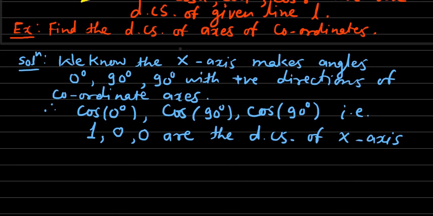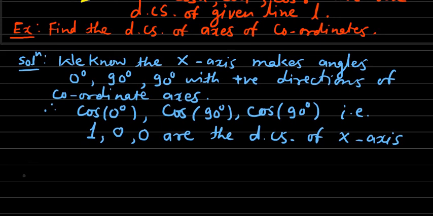Therefore direction cosines of the y-axis will be cos of 90 degrees, cos of 0 degrees, cos of 90 degrees, that is 0, 1, 0.